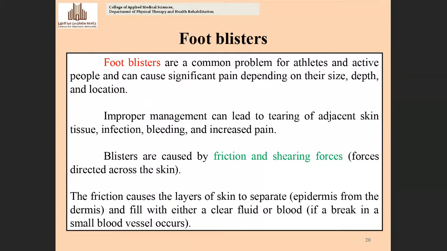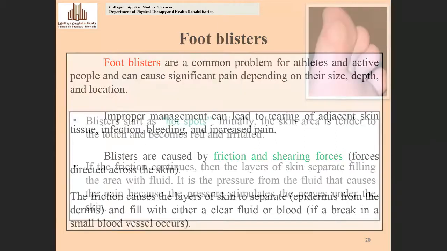If an external hard surface rubs over the skin with a large amount of force, it separates the skin surfaces between the epidermis and the dermis. What happens in between is that it produces a fluid or blood between the skin.